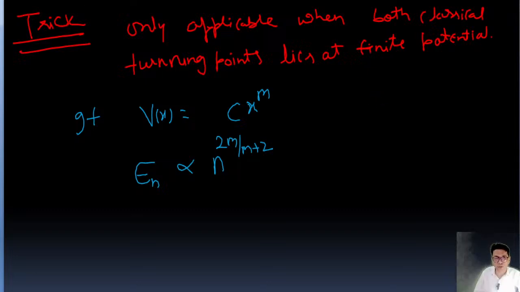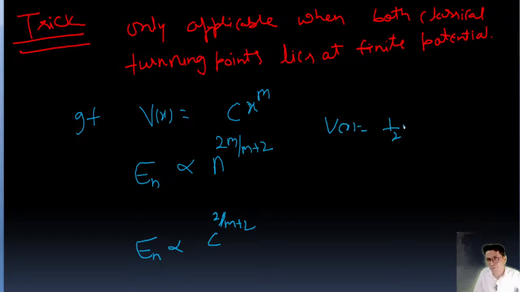Also En is proportional to c to the power 2 upon m plus 2, where c is the constant. Suppose like this, V(x) we know is half m omega square x square, right?